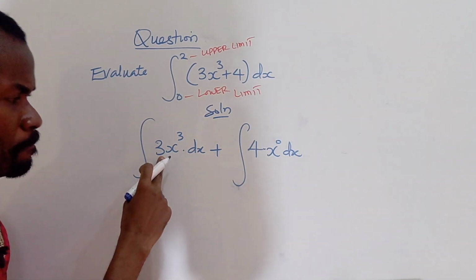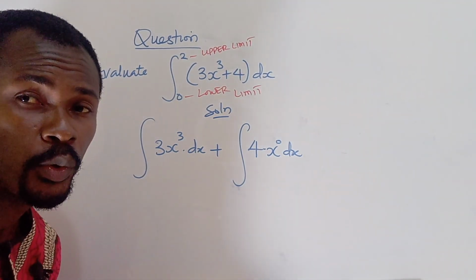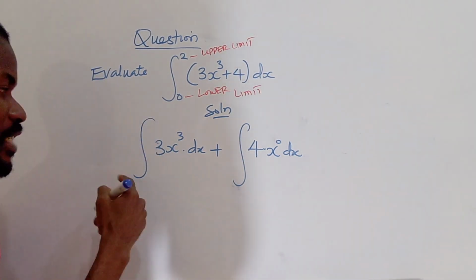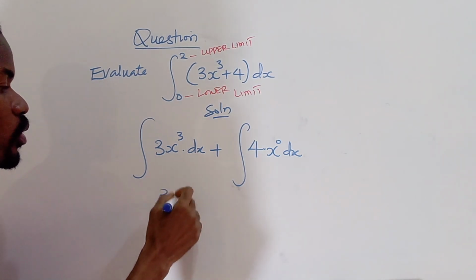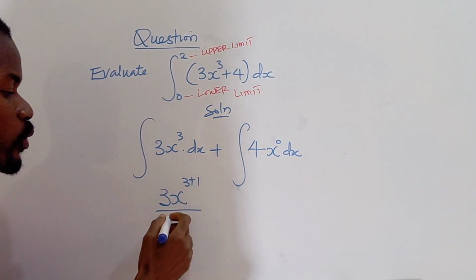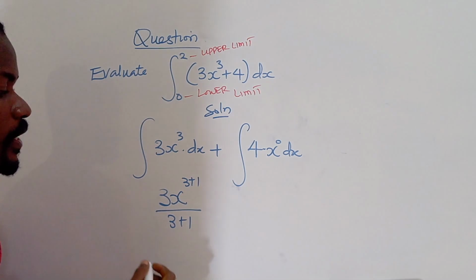Remember in calculus, when you are differentiating, you subtract 1 from the power. When you are integrating, you add 1 to the power, like this. And whatever you do there, you bring it down here.